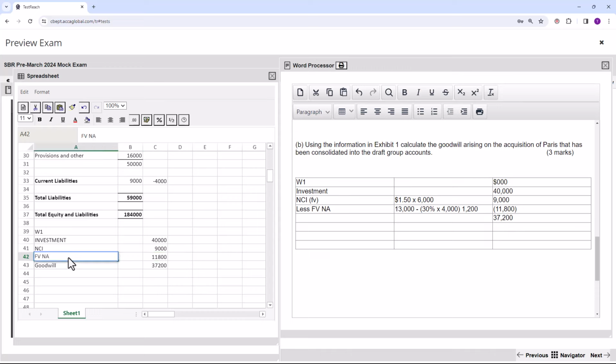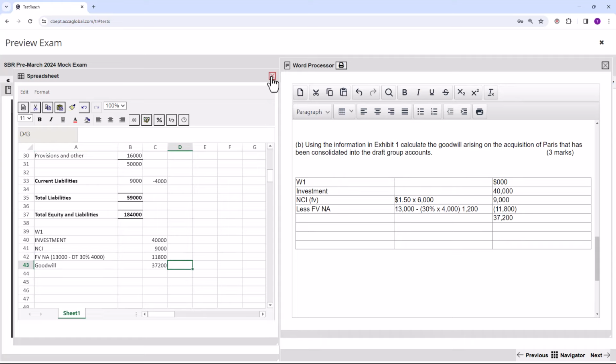And what I would encourage you to do, even if it slows you down momentarily, is to leave some kind of an audit trail around the deferred tax adjustment in this particular context, because you are dealing with the deferred tax adjustment there of 1,200, and you're explaining where that information has come from.